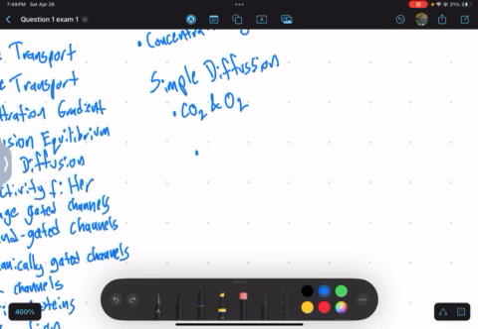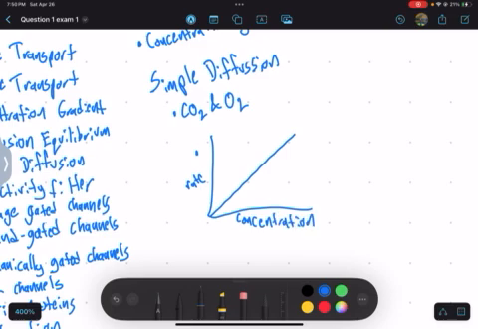Let me straighten that graph out a little bit, to where it's just constantly rising by rate versus concentration. So the more concentrated something is, the faster it's going to diffuse across.